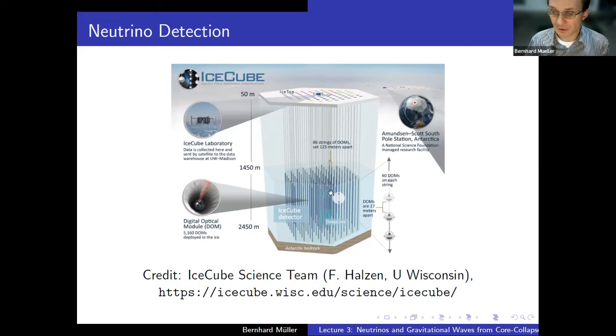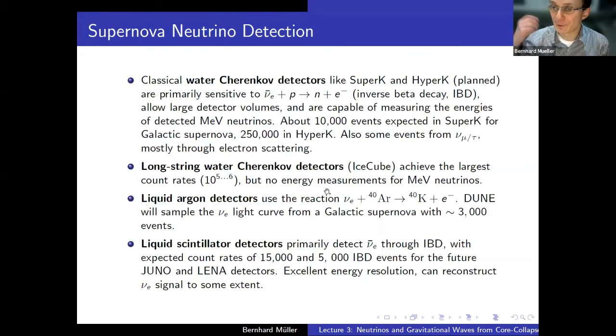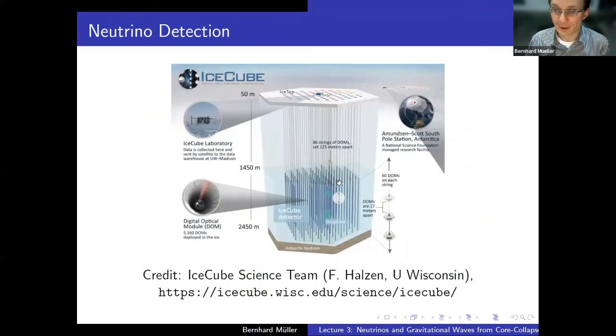IceCube can do, I would say that this is a bit sloppily formulated. It could roughly do the same things as Hyper-K, but only if you throw in neutrinos of much higher energies. If you throw in PeV neutrinos, which you get from other sources, then this works a bit more like a normal water Cherenkov detector.